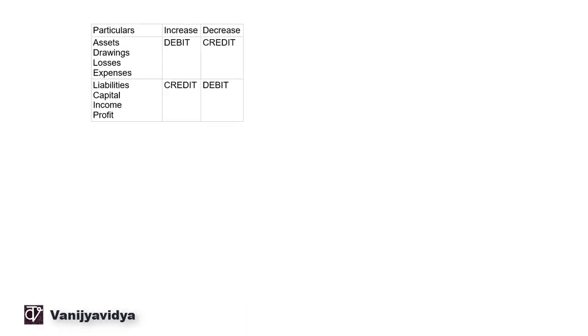So for asset, drawings, losses and expenses, whenever there is an increase, we have to debit, decrease, we have to credit, and vice versa for liabilities, capital, income and profit. Whenever there is an increase, we have to credit, and whenever there is a decrease, we have to debit. So this was about the accounting equation and how we derive debit and credit rules using the accounting equation.